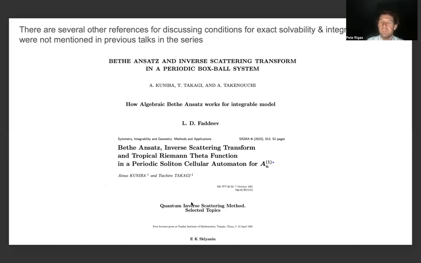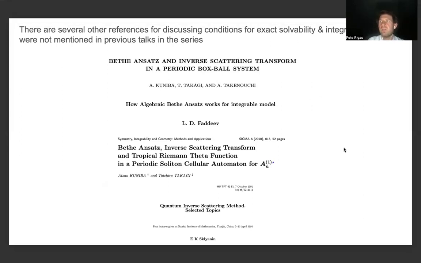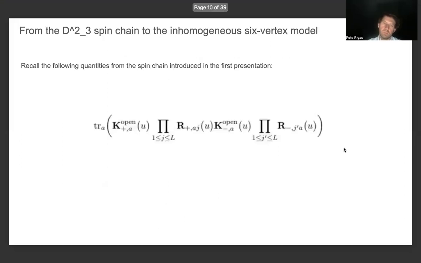So there are many different types of models, and it's very interesting from a mathematical physics perspective to determine what the different types of intrinsic dependencies are that these models have, either on staggering and inhomogeneities, as well as the ambient state space that one is sampling configurations from with the probability measure.